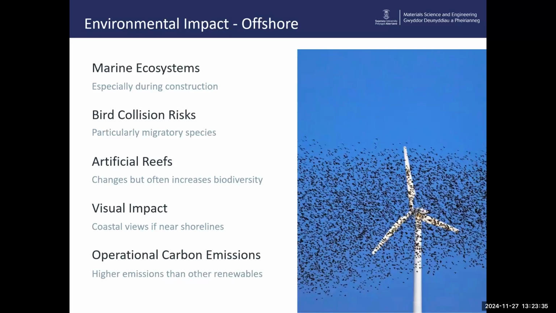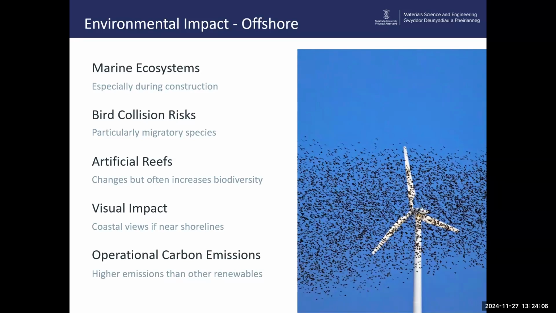Offshore, we have very similar impacts. We have impacts on marine ecosystems, especially during construction. Obviously, bird collision risks, unfortunately, particularly for migratory species. They actually create artificial reefs, so this will change the biodiversity in the area, but it does increase the biodiversity.